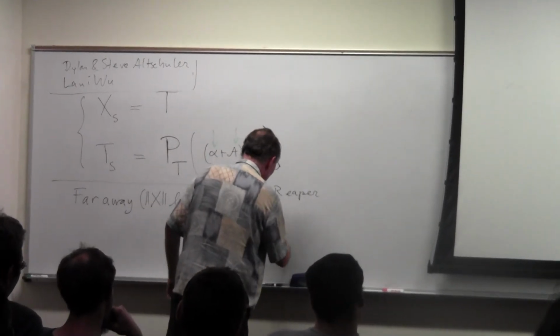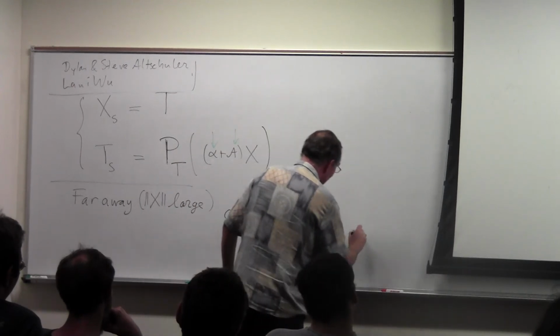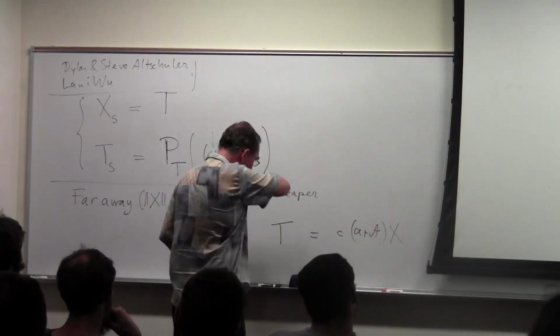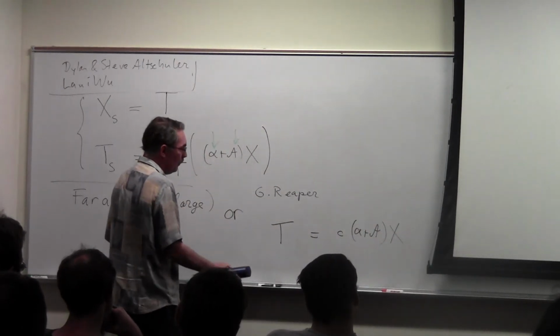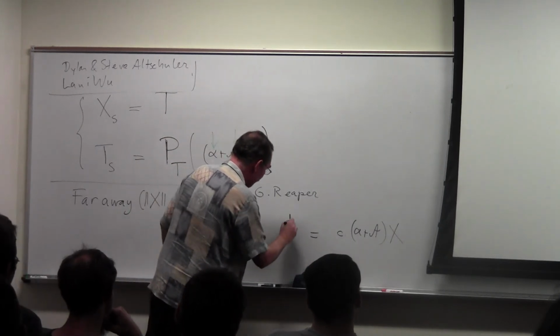So that means that the unit tangent has to be some constant times alpha plus A times x. And now, if you allow me, the unit tangent was dx/ds.